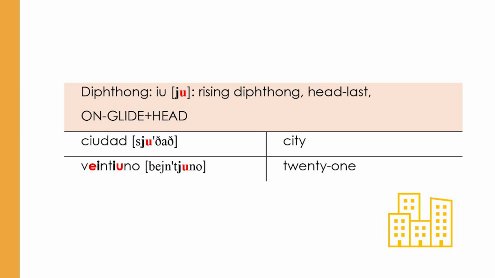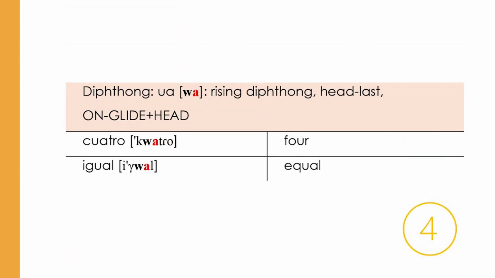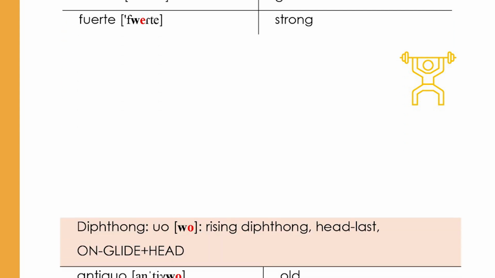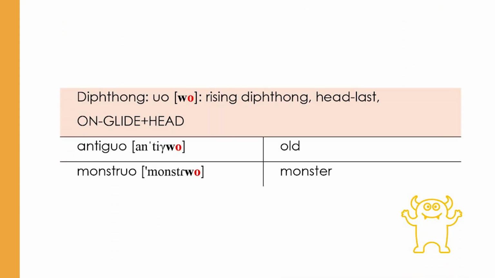So I think Spanish is a good way of learning diphthongs because rising, falling, you have to be very careful. Like rise, fall. "Wa". This is like the French diphthong. "Wa" means goose. "Cuatro, igual." So by now you're a master. On glide, rising. "Bueno, fuerte." On glide, rising. "Antiguo, monstruo."